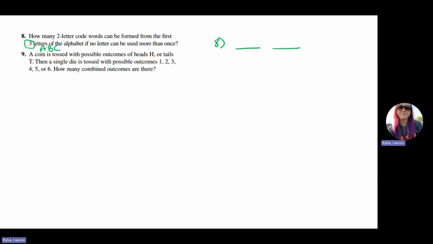So first spot has how many choices? 3. Okay, if I cannot repeat, the second slot has how many choices? 2, for a total of 6. That would be AB, AC, BC, BA, CB, and CA. Those are the 6 two-letter codes.